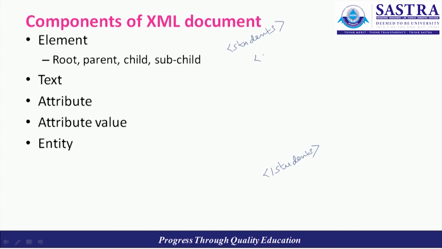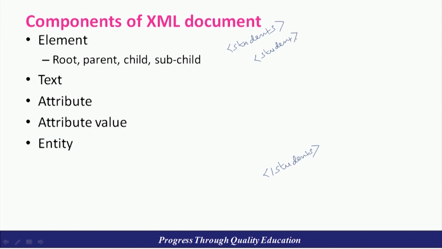Then here I am creating student. I have some content here and it has been closed properly. Again I am repeating student. I have some text and this is also closed. Again I have student. It is also closed properly.